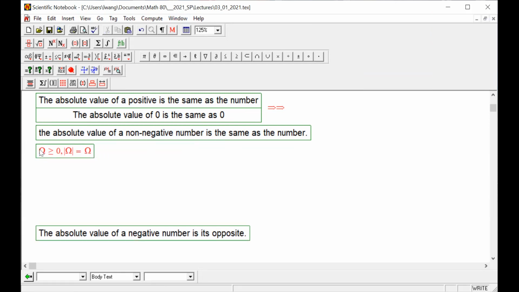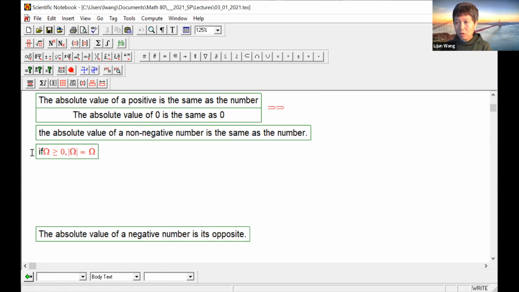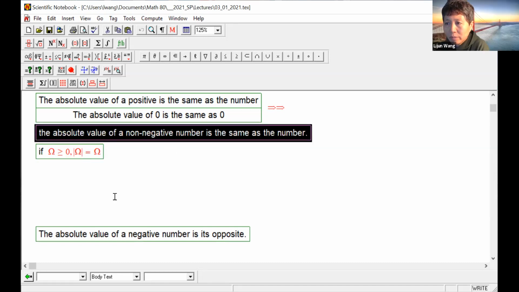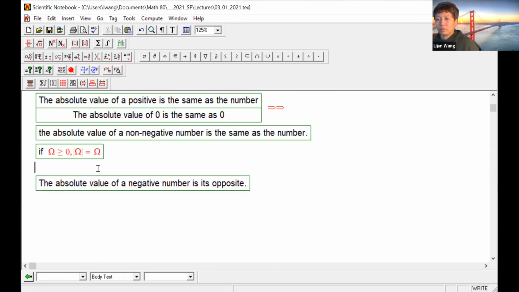Now I'm going to move this away and put if, because this is about non-negative numbers. I need to tell the reader that if omega is greater than or equal to 0, then the absolute value of this non-negative number is the same as the number. Do you agree with this notation? Does this notation make sense to you? This notation is basically a shorthand of this long sentence. Would you please write it down?